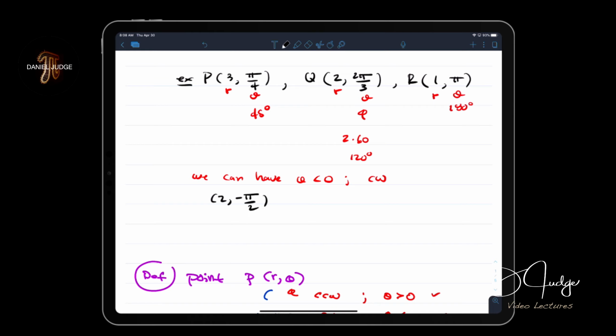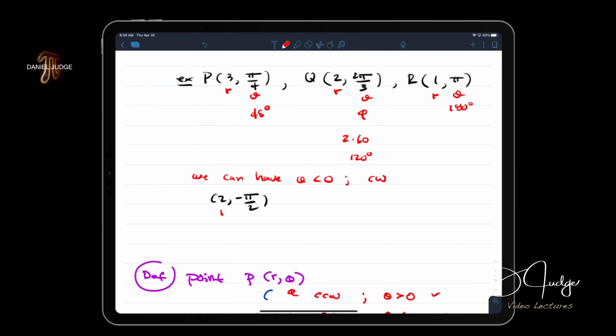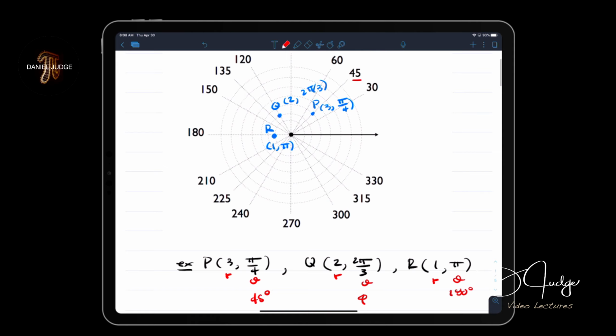That's something you may give beginning algebra students, but it doesn't matter. Let's just look at this as the coordinates, r and theta. So in this case, r is 2 and theta is minus pi over 2. So we have to plot the point 2, minus pi over 2.